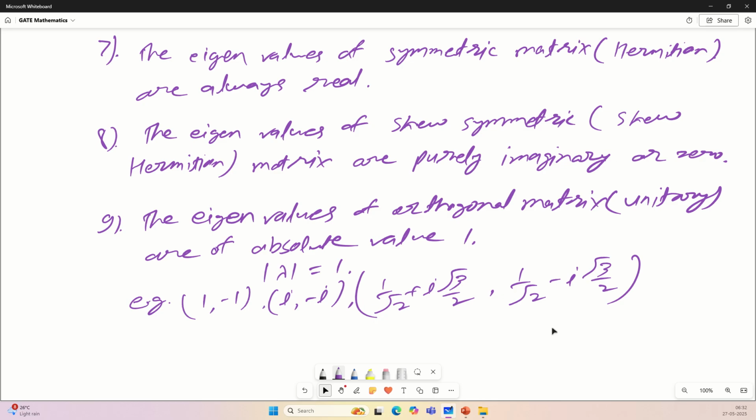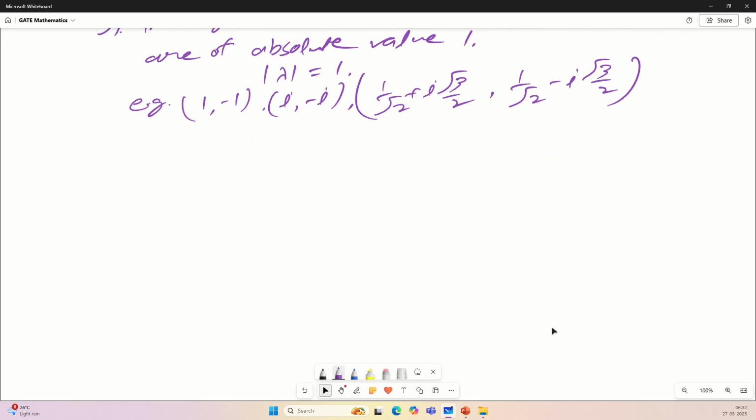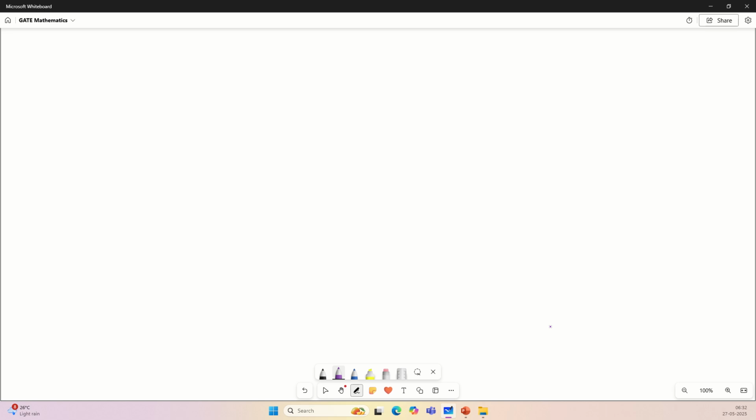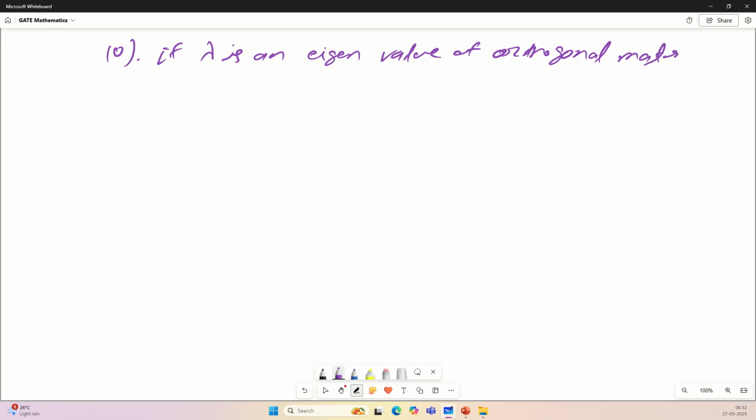Let us take the next property. If lambda is an eigenvalue of an orthogonal matrix, understood?